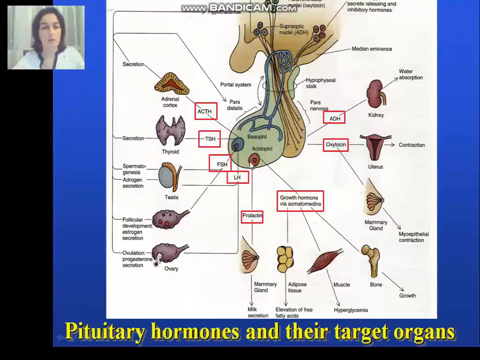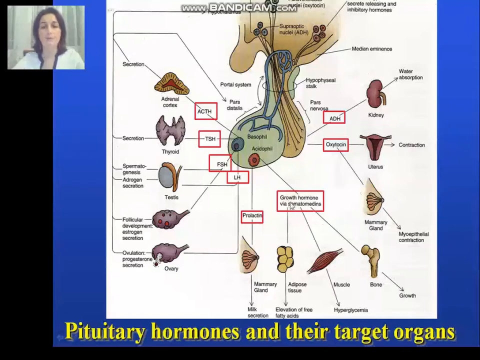Then acidophils, we have of two types. Actually 50% of all of the chromophils of the adenohypophysis are somatotrophs. They produce somatotropin or growth hormone. The targets of growth hormone are adipose tissue and muscle tissue.